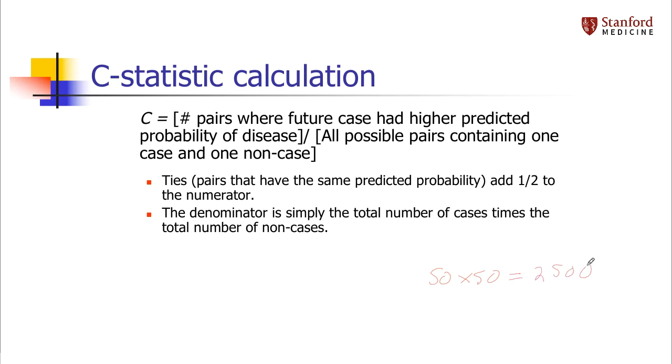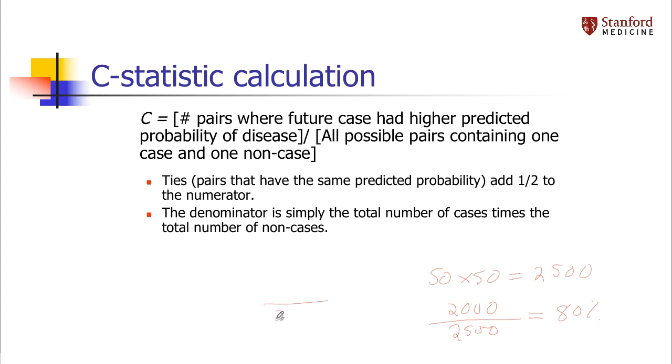So imagine that you go through and you look at all the possible pairs and you tabulate how many of those pairs is it the case that the predicted probability from your, say, logistic regression is higher in the case than in the control. Maybe you calculate that, well, hopefully let the computer calculate that for you, and you find that in 2,000 of those possible 2,500 pairs, the case indeed has a higher predicted probability than the control. Your C statistic would be then 80%.